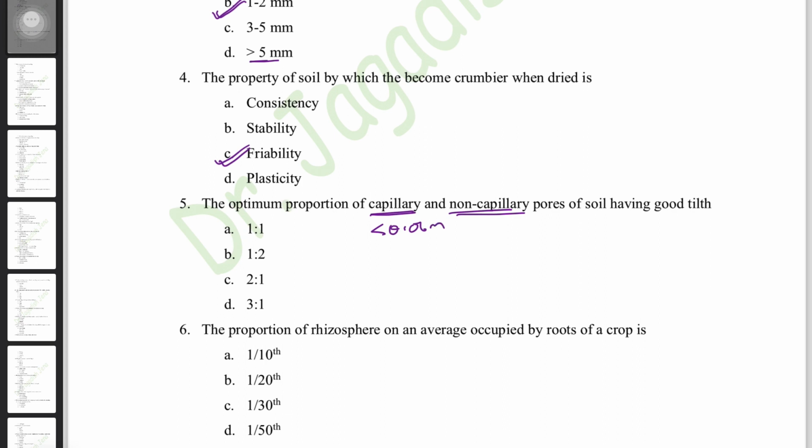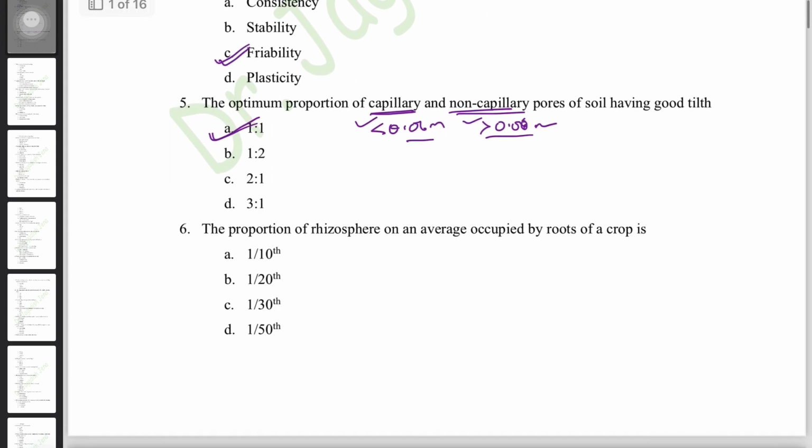Capillary pore diameter is less than 0.06 mm, and non-capillary pore diameter is more than 0.06 mm. In clay soil there are more capillary pores, and in sandy soil there are more non-capillary pores. When their proportion is 1:1, that means they are equal in number, then that is called the optimum condition of the tilth.